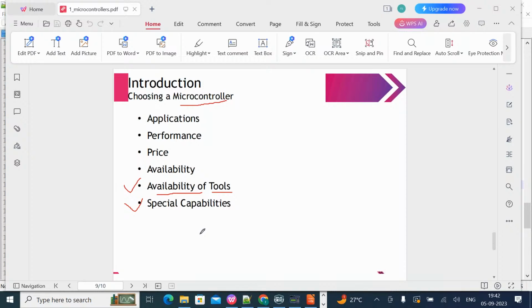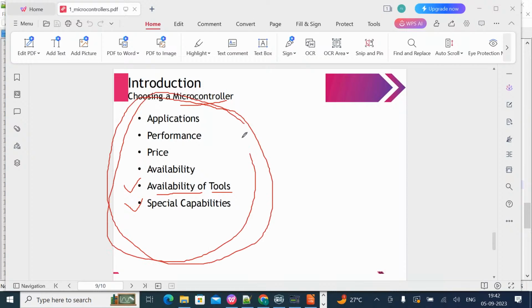Even a few microcontrollers nowadays come with Ethernet also. If you want that, please go with that microcontroller. So basically, you have to choose a microcontroller by considering these points. This is the procedure to choose the microcontroller. Understood? Fine.